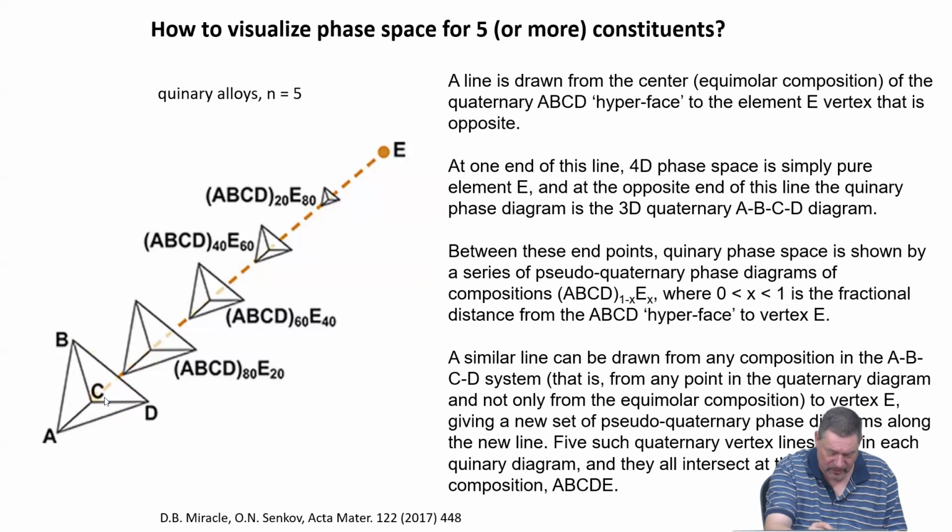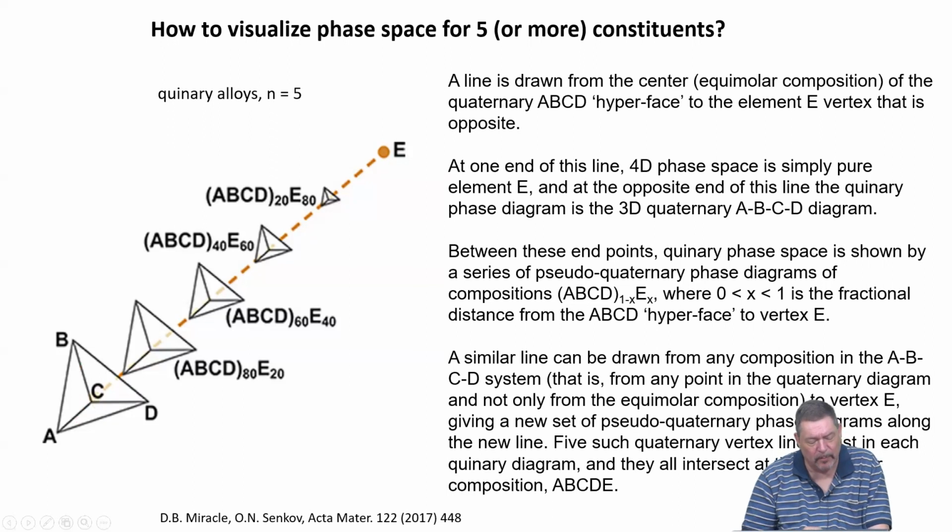So 5 components, A, B, C, D are here, E is over there. And then basically you can map out different concentrations according to the distance between pure vertex and the connecting point. And you can do this now to any point in the volume of your A, B, C, D, E.